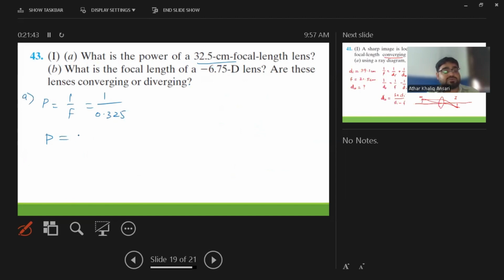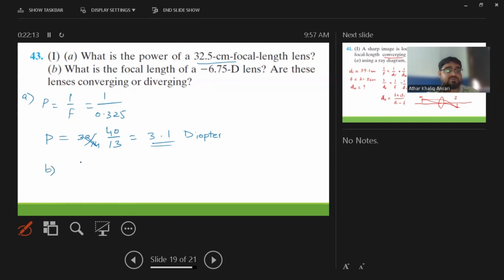Okay, sorry, 40 over 13. So this is 3.1. Answer is in diopter. If you studied optics, diopter is a unit we also use for eyesight. So diopter is the power. So part B is opposite to this.